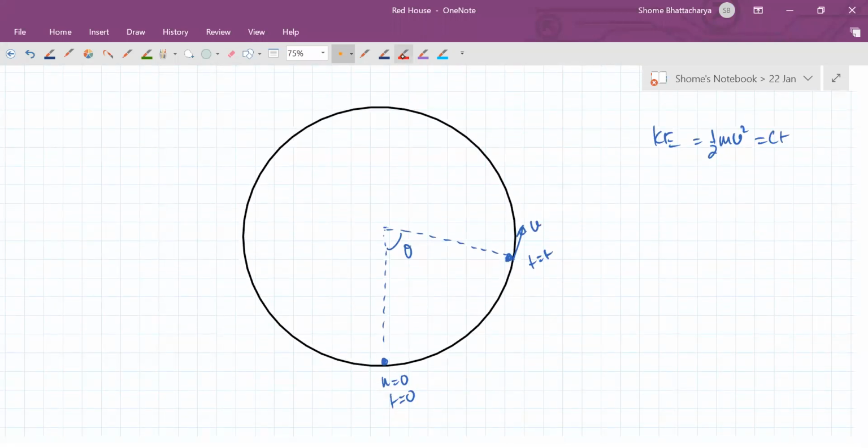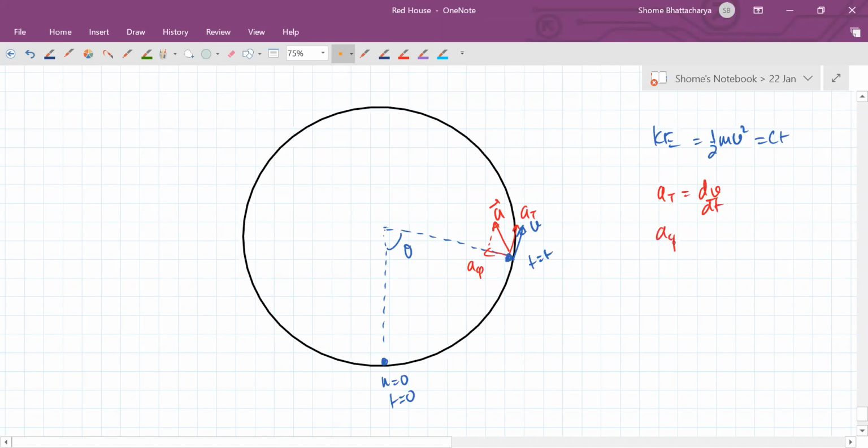Okay. Now you also know that the net acceleration at this point of time, it will be the vector sum of centripetal acceleration and tangential acceleration, where tangential acceleration will be rate of change of speed and centripetal acceleration will be equal to v square by r in magnitude, where r is the radius.